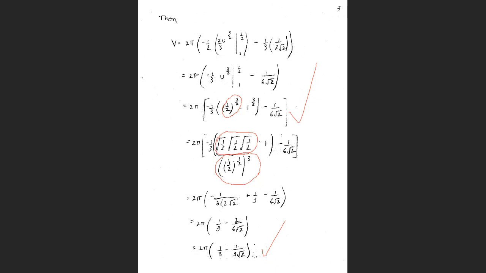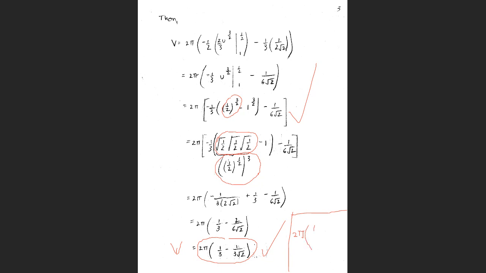So this here is the volume. And let me ask you this, because this sometimes happens on these kind of problems. What if your answer were equal to 2 pi?